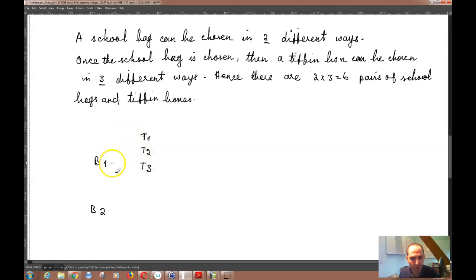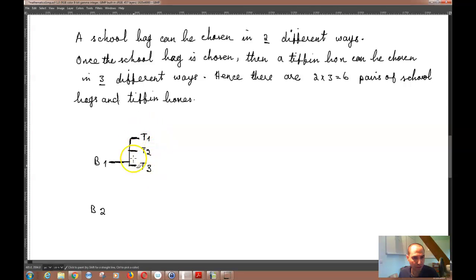So the bag goes over here, linked to these three choices. As you can see, there are three ways of choosing a tiffin box with each school bag.